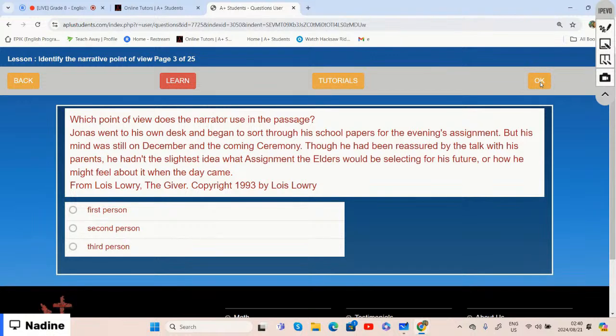Though he had been reassured by the talk with his parents, he hadn't the slightest idea what assignment the elders would be selecting for his future, or how he might feel about it when the day came. So we now need to say, is this in the first person, the second person, or in the third person?